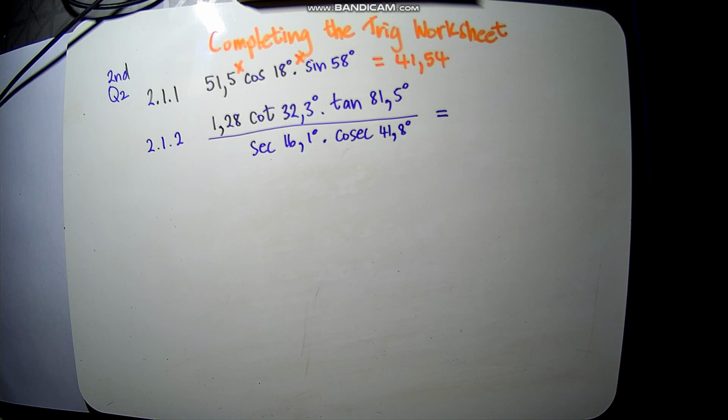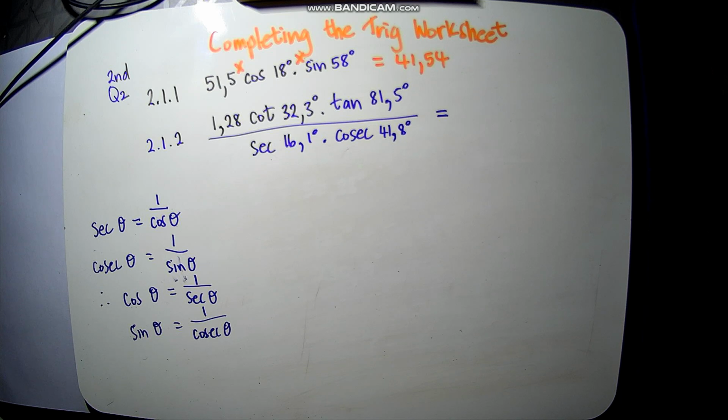Okay, question 2.1.2. Notice there are reciprocals there. You have to use the reciprocals of those cots and those secants and those cosecants. If we look on the left hand side, it means secant is equal to 1 over cos theta. So in other words, if these are in the denominator, then it will be the opposite way around.